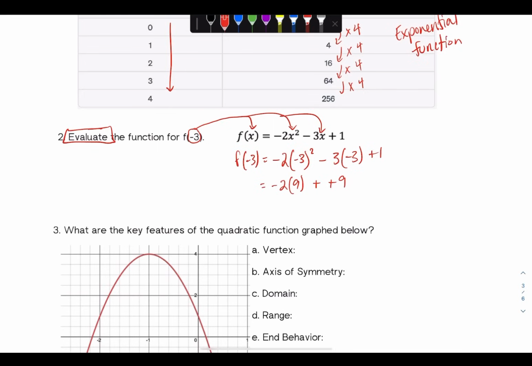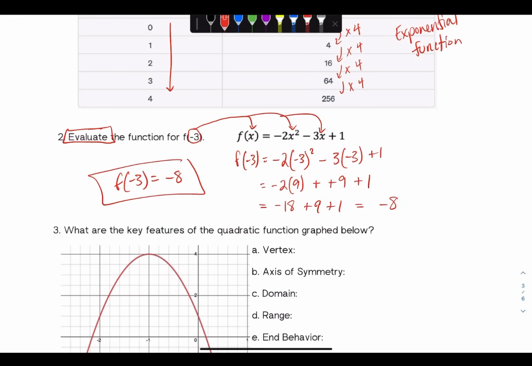So either way, it turns into plus 9. Then I get plus 1. So last thing here, let's say we got negative 18 plus 9 plus 1. Negative 18 plus 9 is negative 9 plus 1. That's going to be negative 8. So we find out that f of negative 3 is negative 8 for that function there.